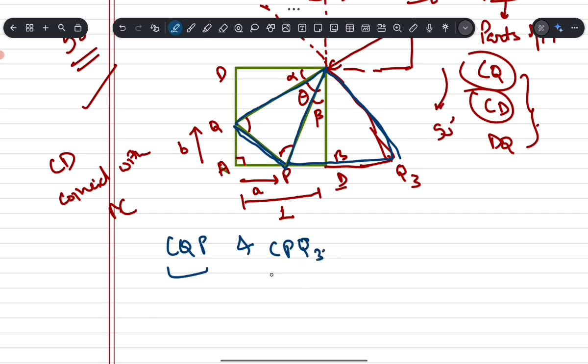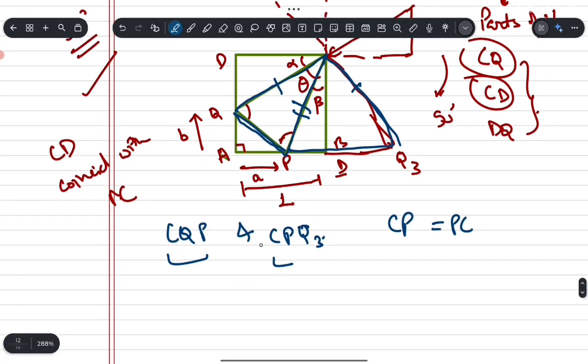Notice that CP and CP are common. Also notice that CQ, this is the triangle that we brought here, right? So CQ is basically this. CQ3 is the new position for CQ only. So this equals this. Now we have S and S.